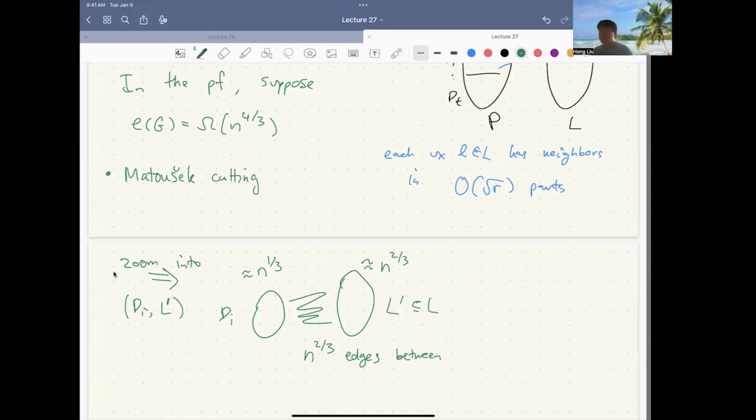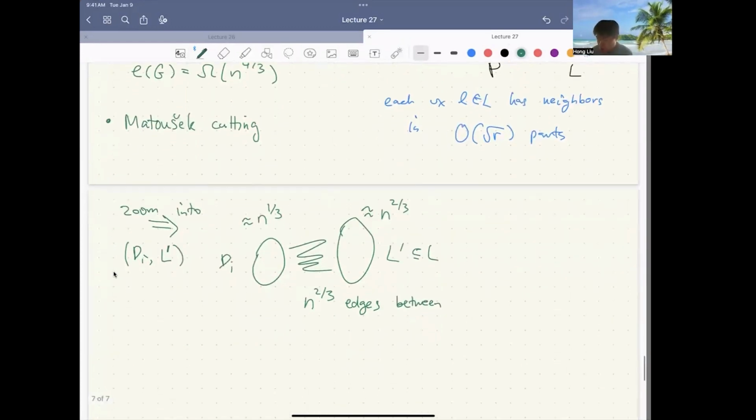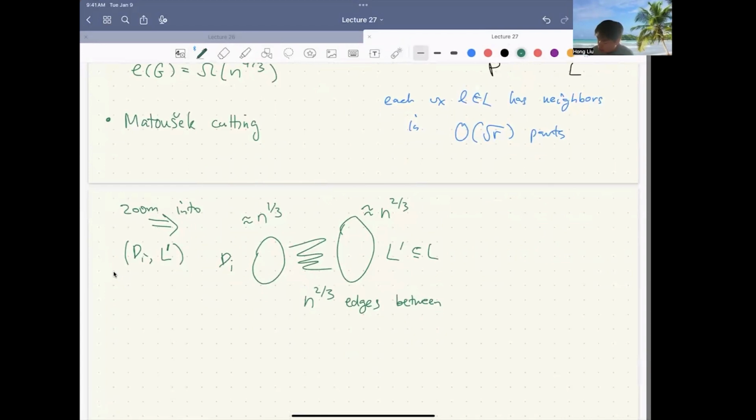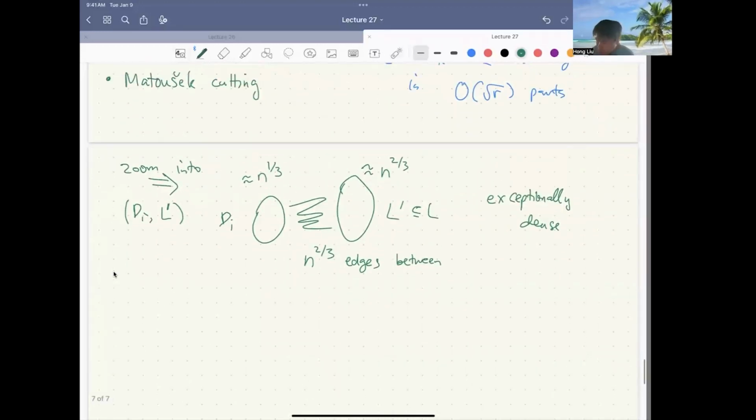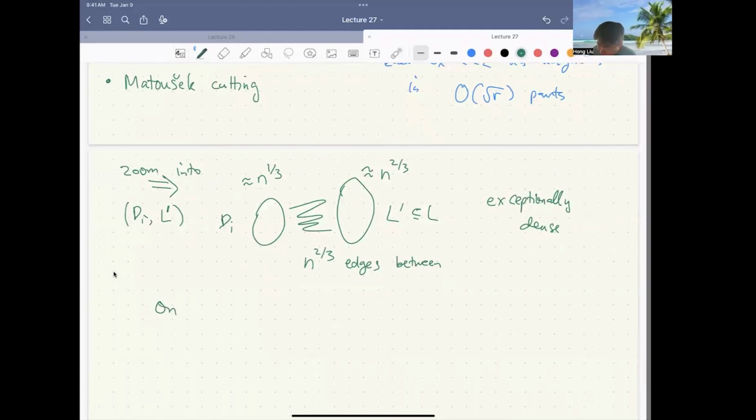Why do I say this is exceptionally dense? Think about it. Our original graph has n by n vertices. The number of edges is n to the 4/3.